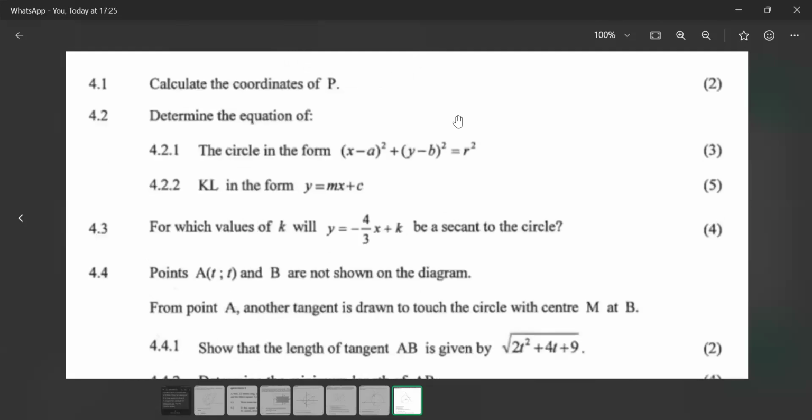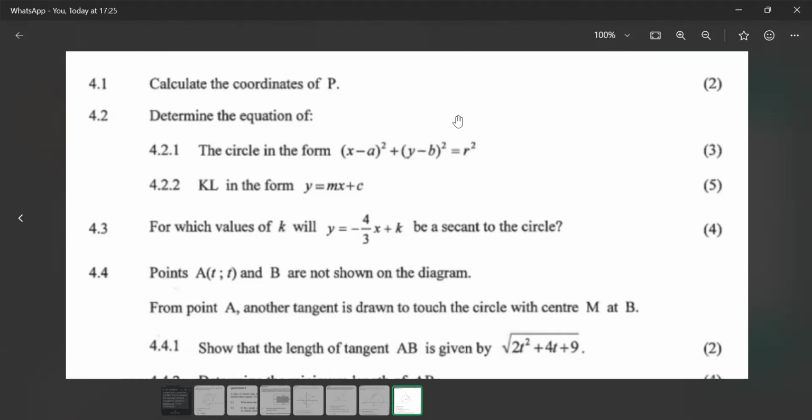So next they say to us, for which values of k will the straight line y equals -4/3x plus k be a secant to the circle? And this is for 4 marks. Now, what is the question looking for? What is k? What is the name of this k? Well, k is the y-intercept.